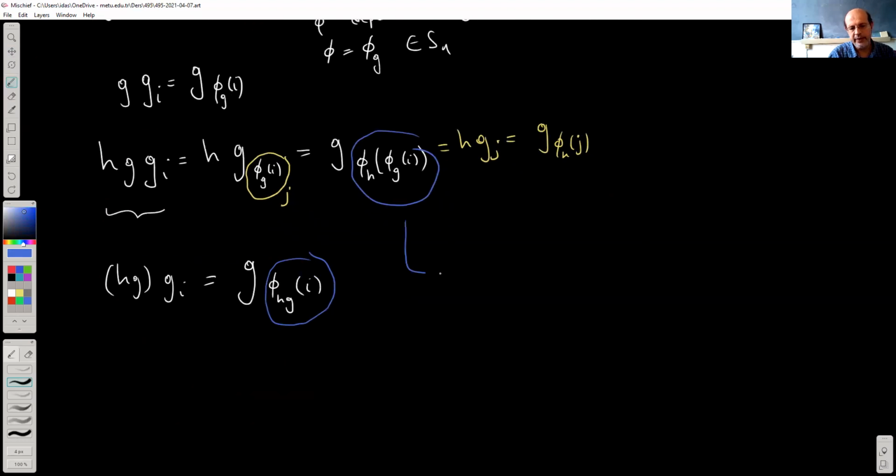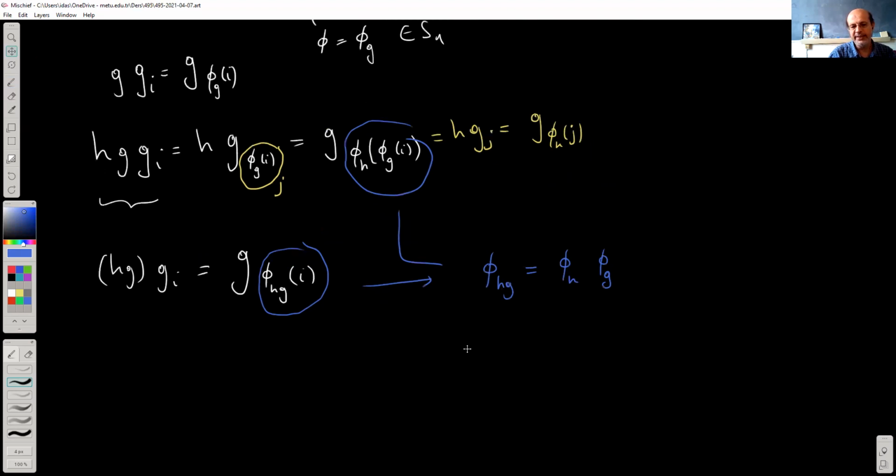So this implies that the permutation when I left multiply with hg is the same as first multiplying with g, and then applying the permutation when we multiply with h.